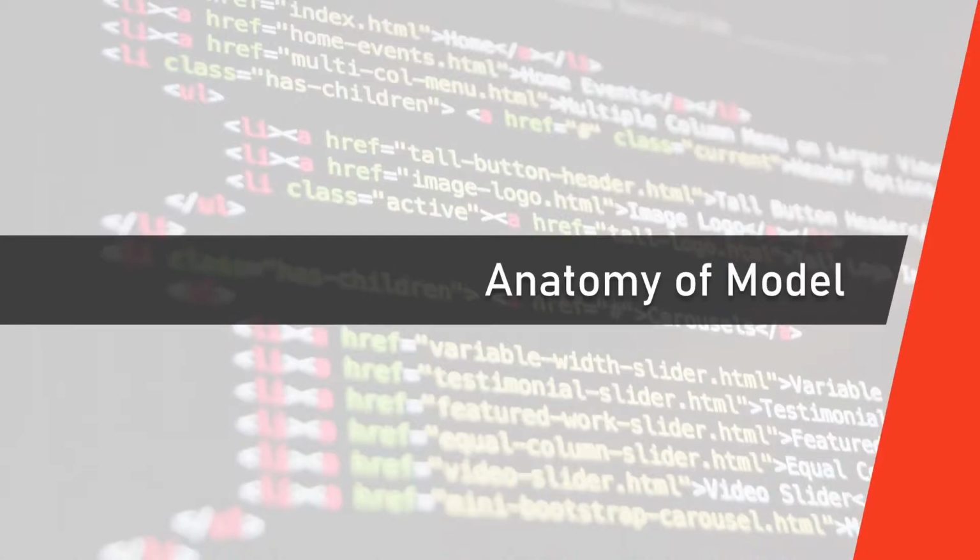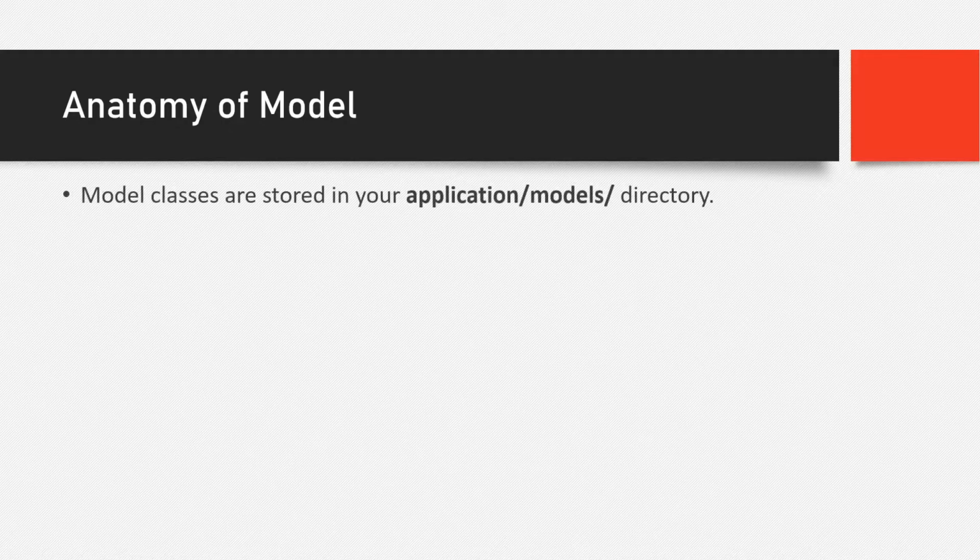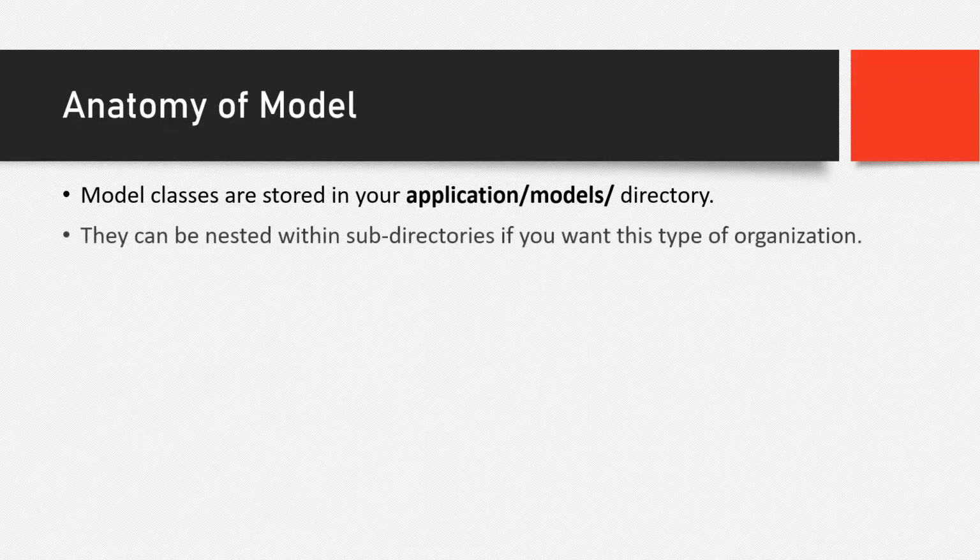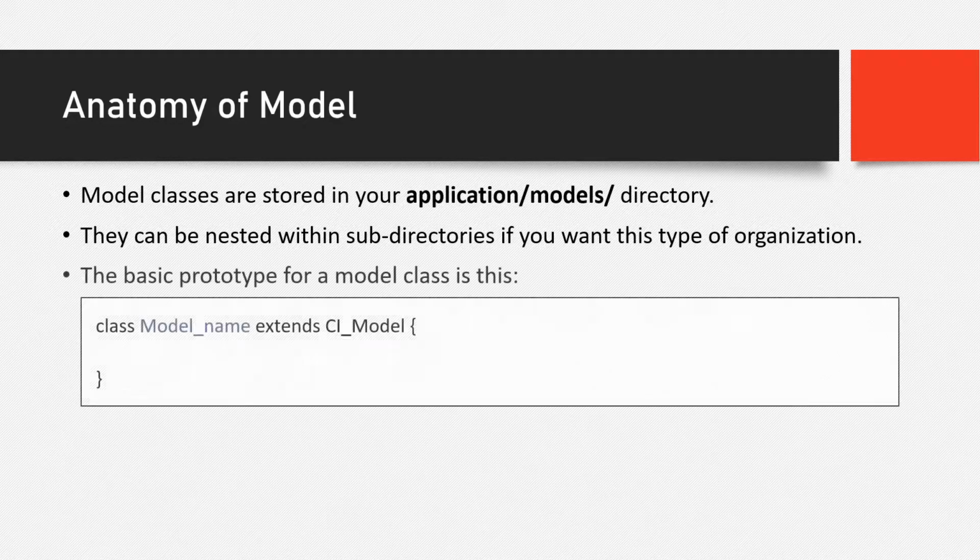Okay, anatomy of a model. Model classes are stored in your application models directory. Then they can be nested within subdirectories if you want this type of organization.